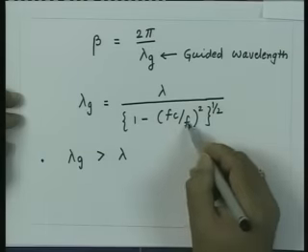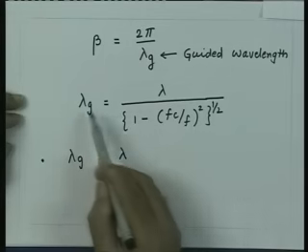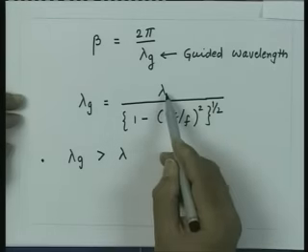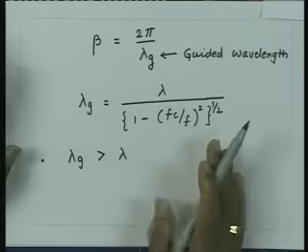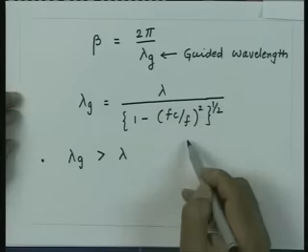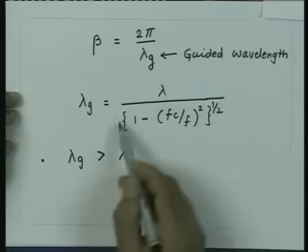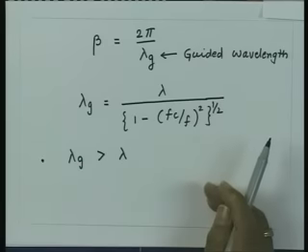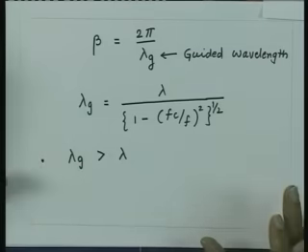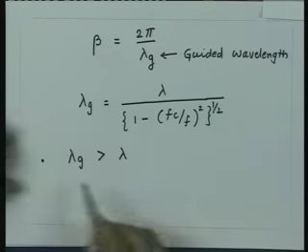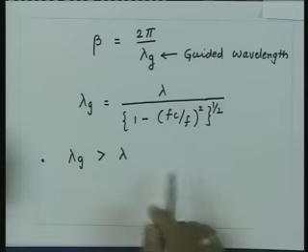As the frequency tends to infinity, this quantity will become 0, and at that time lambda g will approach lambda, but this will never become equal to lambda, because you will always have a frequency which is finite. So, for a guided structure, no matter what frequency we operate with, we will never have the guided wavelength equal to the intrinsic wavelength in that medium.